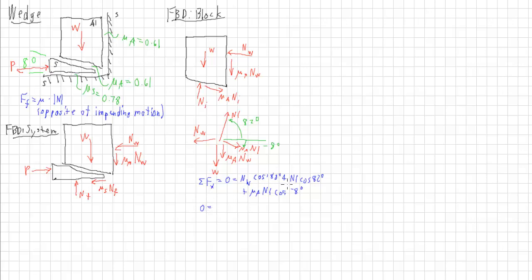equals, cosine of 180 is simply minus 1, so it's negative NW, and cosine of 82 degrees is 0.139. Multiply that by Ni.